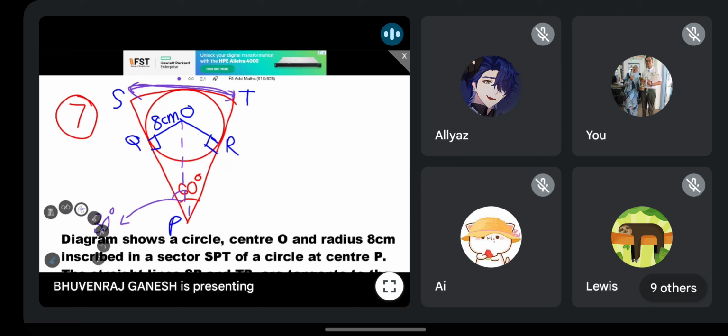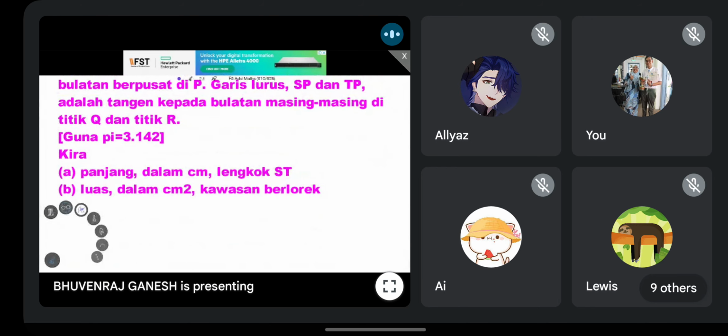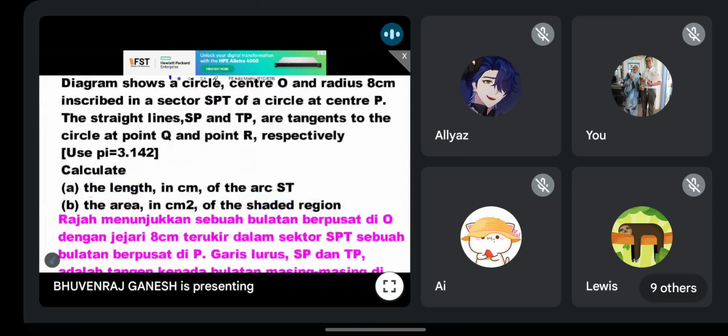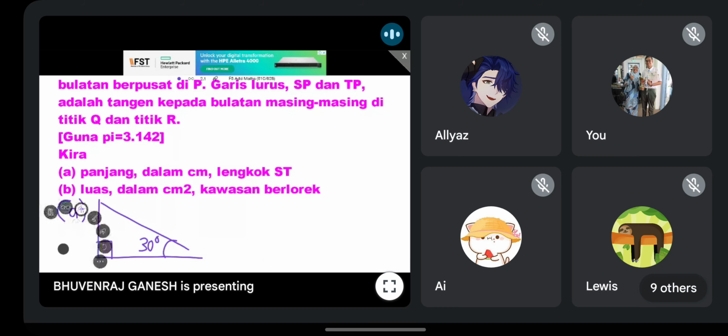So you can draw the triangle if you all want. So part A, if you draw the triangle, you can see it easy. This is 90 degree, this is the 30 degree, and then this is the 8 cm over here.